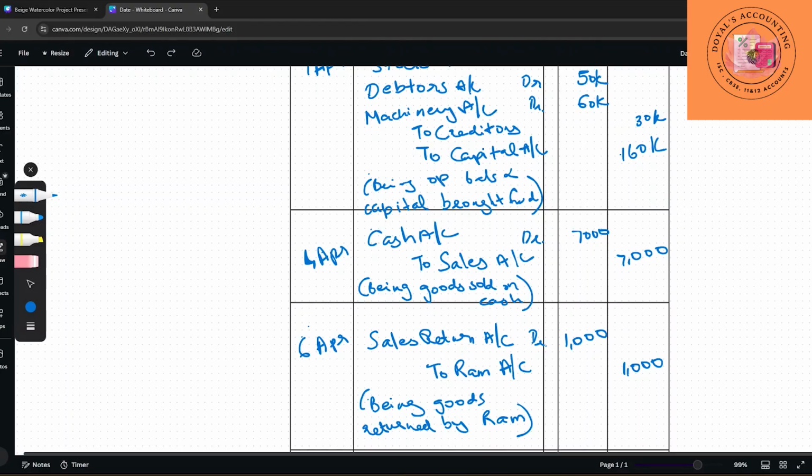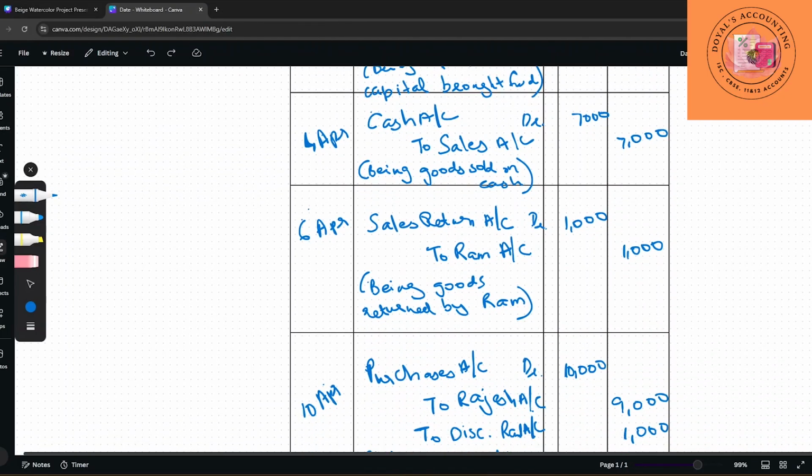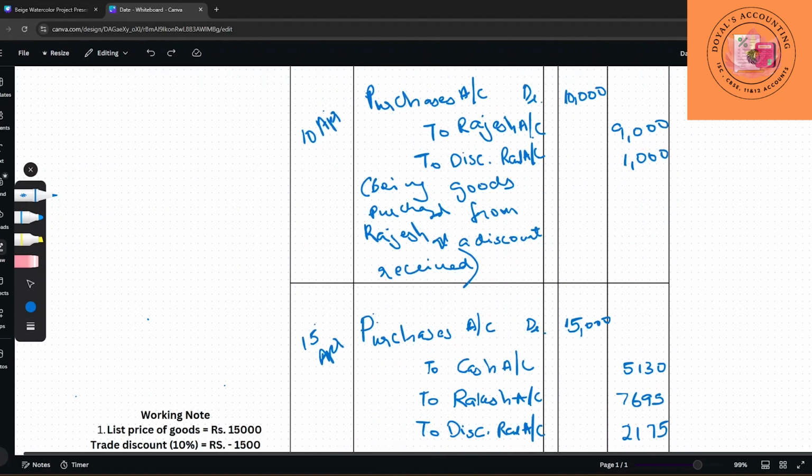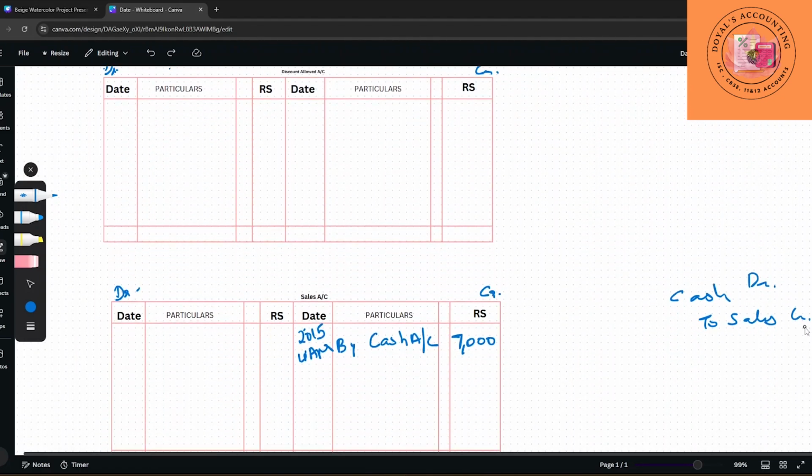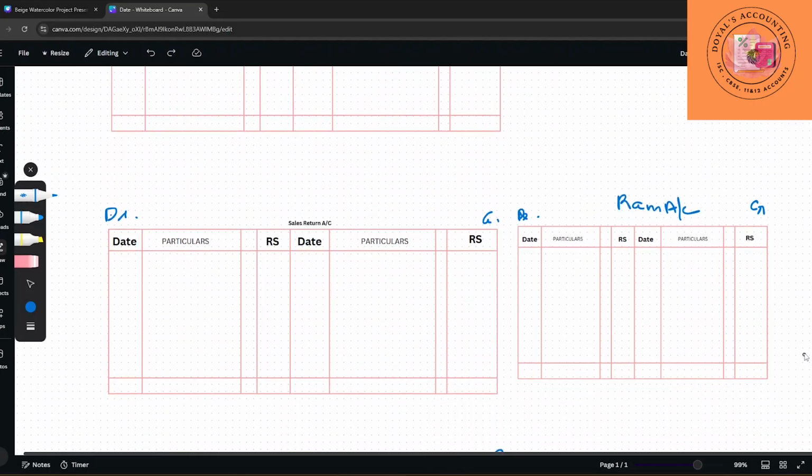Now the next transaction was on 6th April. Sales return account debit to Ram account. Now I have opened the sales return account and Ram account. The journal entry was 2015, 6th April, sales return account debit to Ram account.